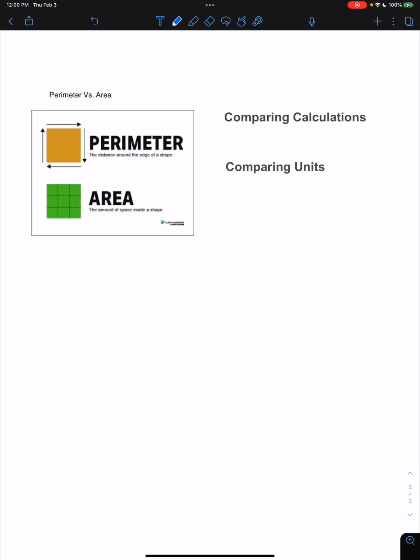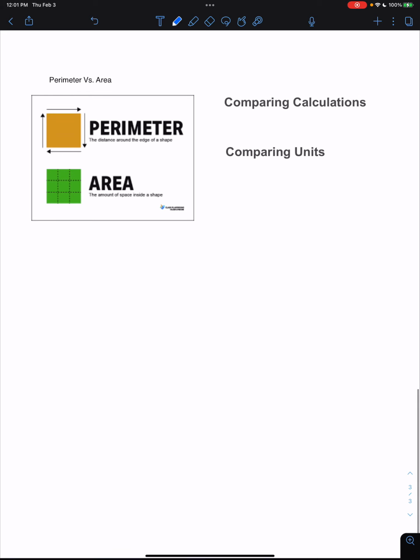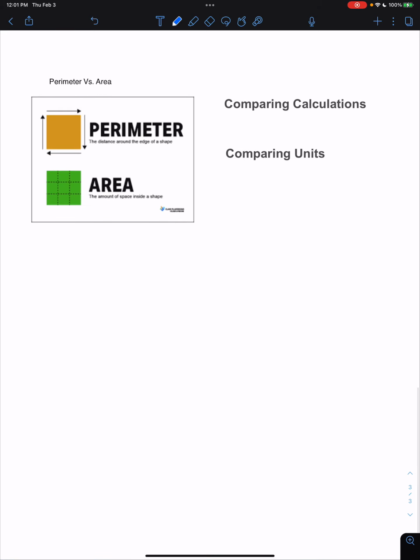So in the previous video, we talked about the difference between measuring length versus area versus volume. Here we're going to dive a little bit deeper into measurements of perimeter versus area. Perimeter is that distance around the outside edge of a shape.